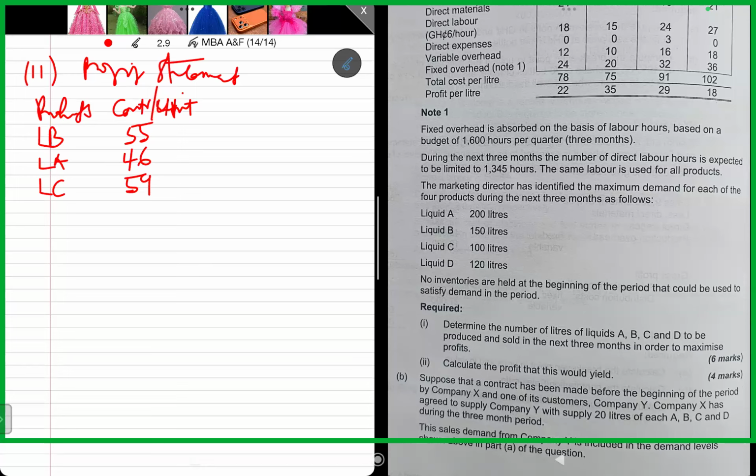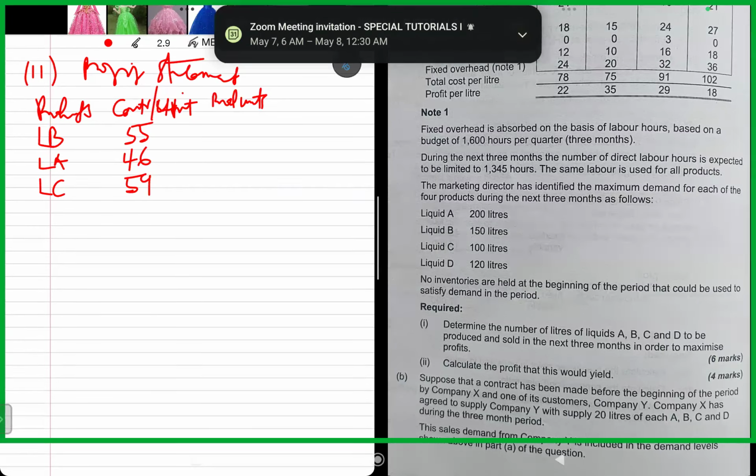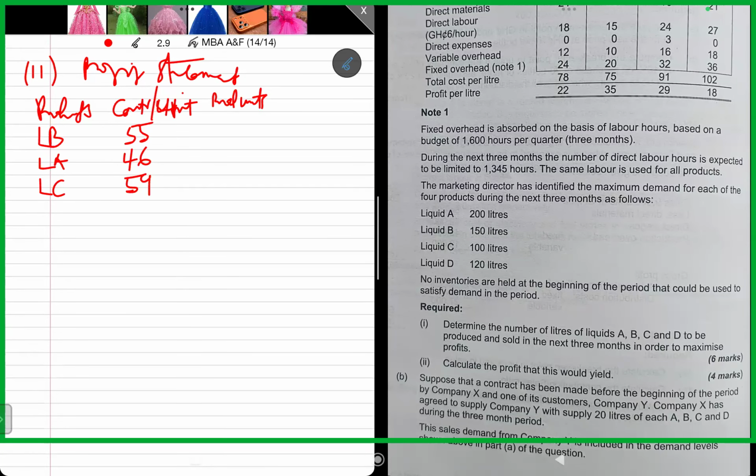We'll multiply by the production units. How many are we going to produce per the production plan? How many are we going to produce for liquid B?